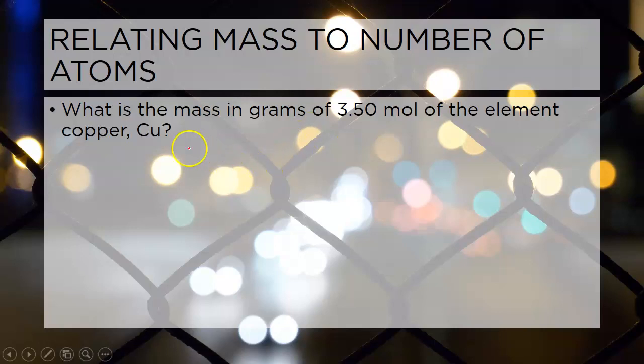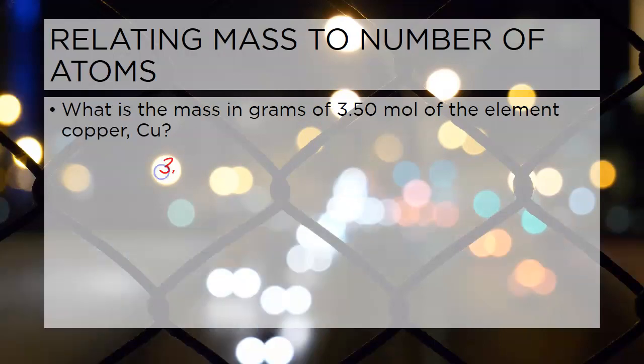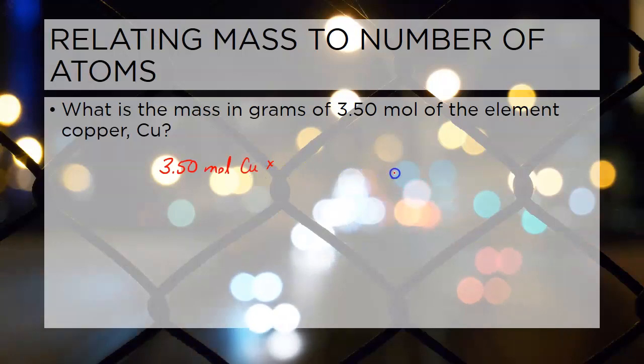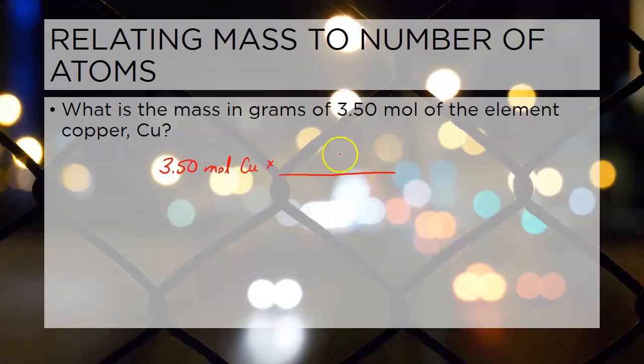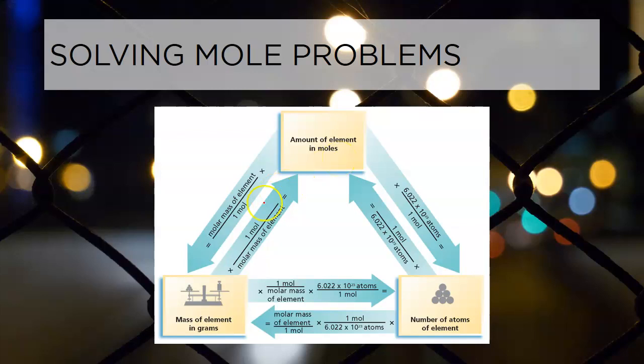So I know I've got 3.50 moles of copper. So based on my triangle there, I'm in moles and I want to try to get to grams. So I'm going to multiply by the molar mass.